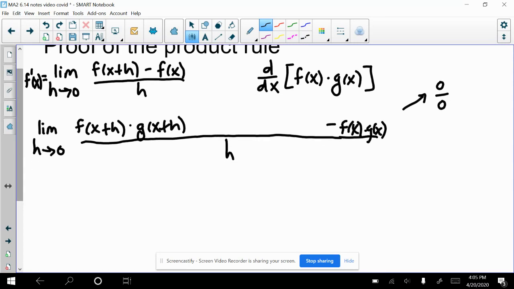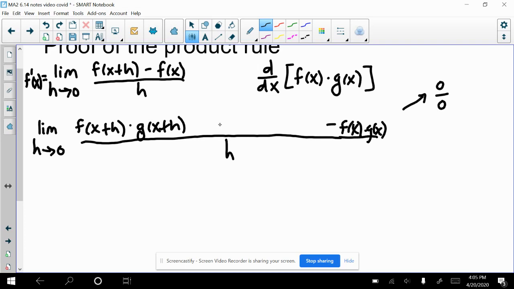So right now, I can't manipulate this algebraically in any way. However, if I add two terms in here, I will be able to do some sort of a factoring technique to figure it out. I can't just add something in because that would change the quantity and it would change what I'm doing.